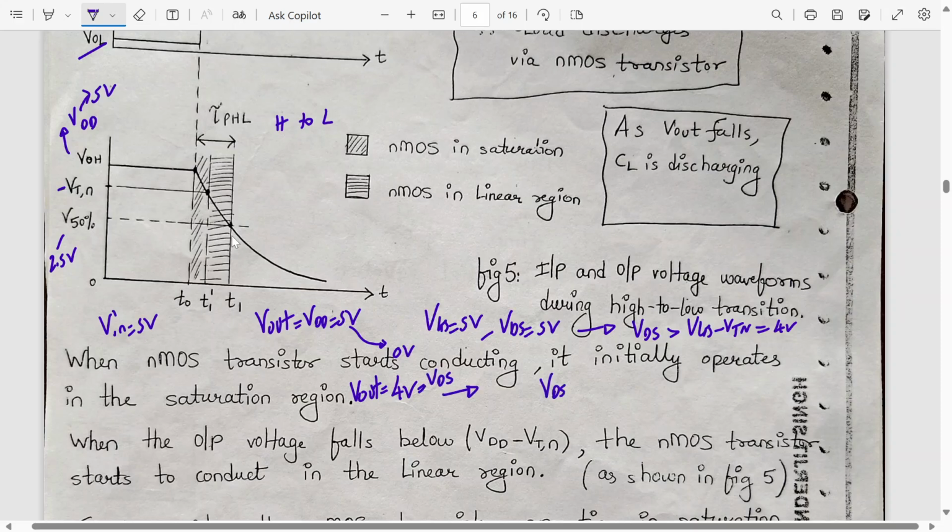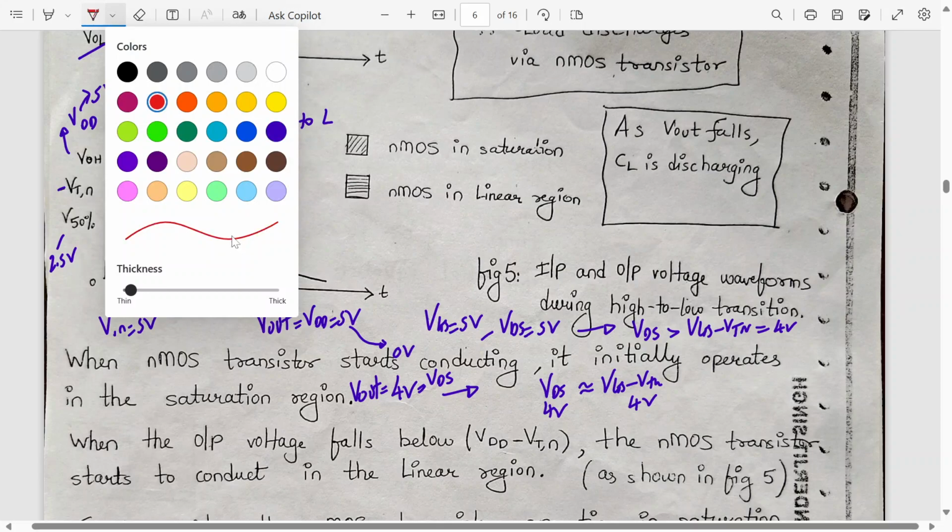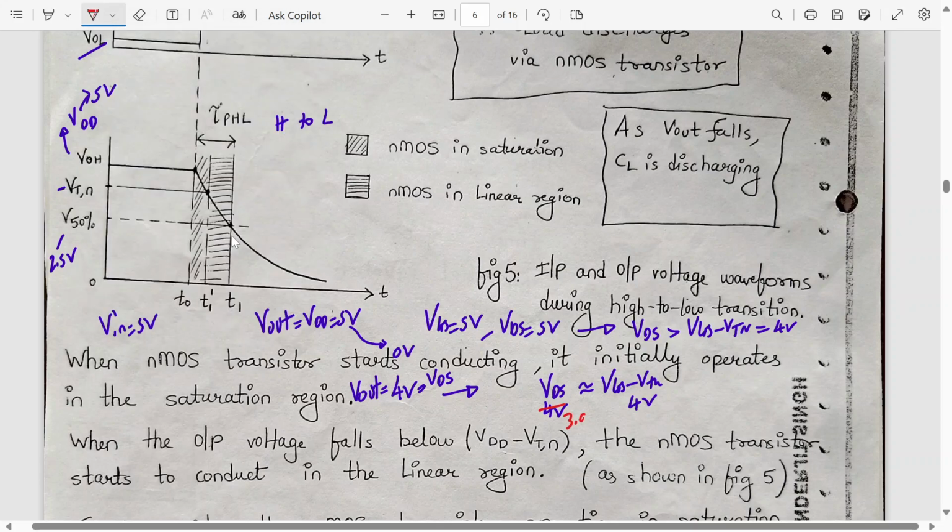So now VDS will be VGS minus VTN. VGS is 5 volt and VTN is 1 volt, so this is 4 and this is also 4. So we have reached the edge of saturation. Beyond that, VDS will become less than 4. Even if it is 3.9, that means VDS is less than VGS minus VTN. That means my NMOS operates in the linear mode.